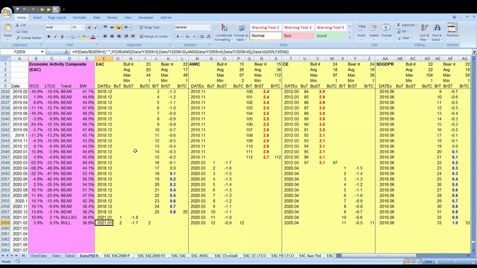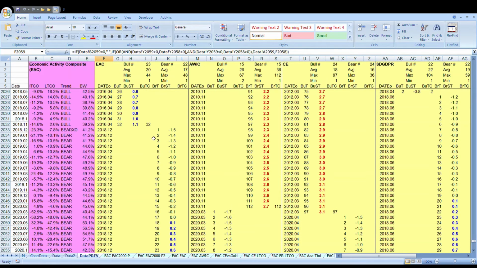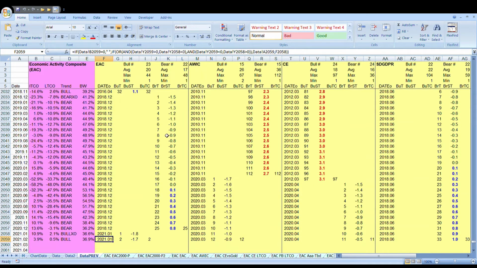So you get an idea of where the bull phase, if it holds, how long it's going to last. If it fails again, you're probably going to have a bear cycle that averages around 17 months or so. Could be shorter, but it could also be intense if you get a similar double dip recession like 1980. But this is something that I would keep an eye on inside the matrix and watch.